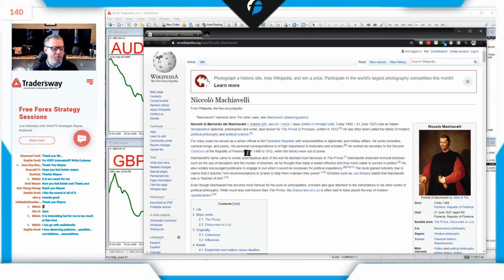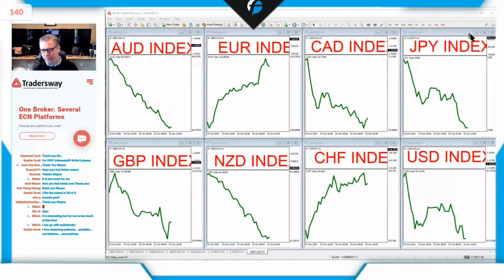This book was written in 1512 in beautiful fashion. I've read the actual pages, and it's beautifully said and written, but the average Joe on the street doesn't know who Machiavelli is.